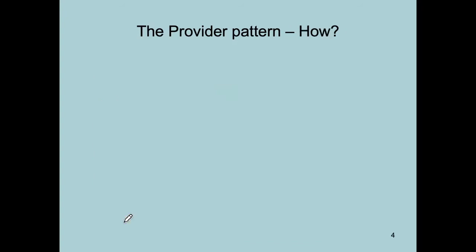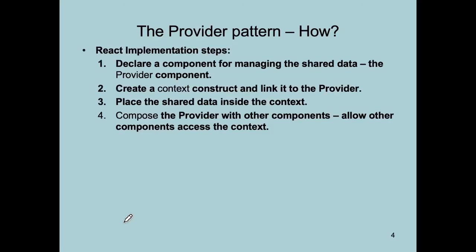Okay, so that's the problem we want to solve on the previous slide. And how do we do it then in React? The answer is we implement the provider pattern, but that doesn't really tell us anything. So here are the aspects of our solution to this implementation of a provider pattern. Number one, we need to declare a component for managing that shared state.